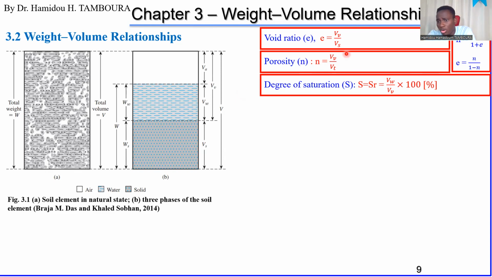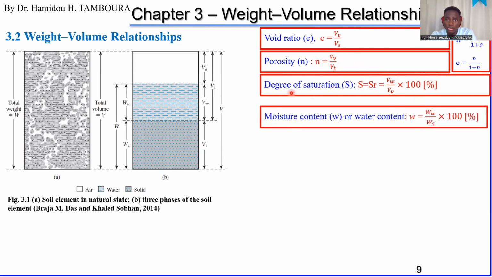That's the meaning. So volume of water divided by volume of void. Sometimes we do this as a percentage. You multiply by 100 to get it in percentage. And even with porosity, some people estimate it as a percentage, by multiplying by 100. Degree of saturation.